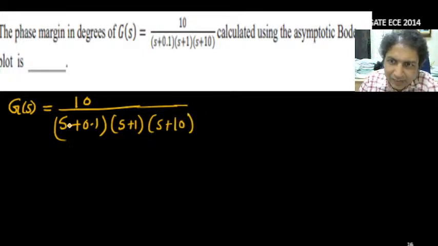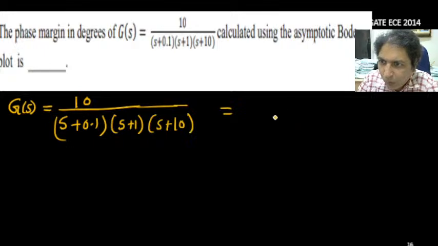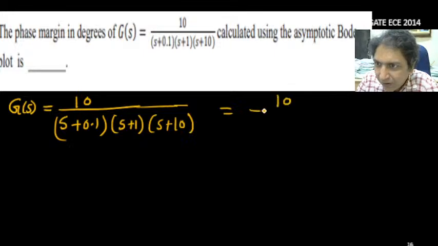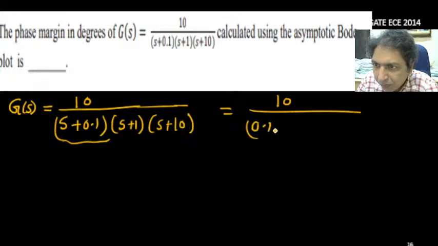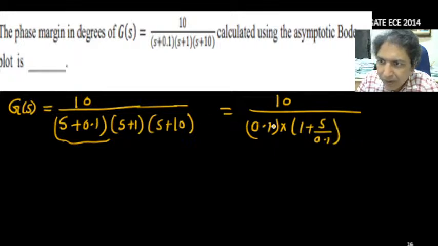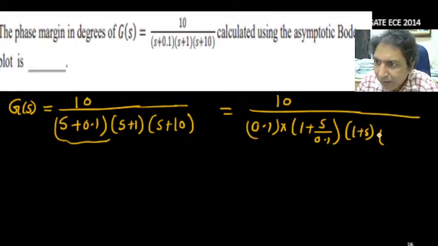First write G(s) in this form, 1 plus s upon A, for every factor. Okay, so the numerator is 10, fine. What I will do, from this one I will take 0.1 common. This will become 1 plus s by 0.1. Then this is fine, it is 1 plus s. And the last one, take 10 common, 1 plus s by 10.